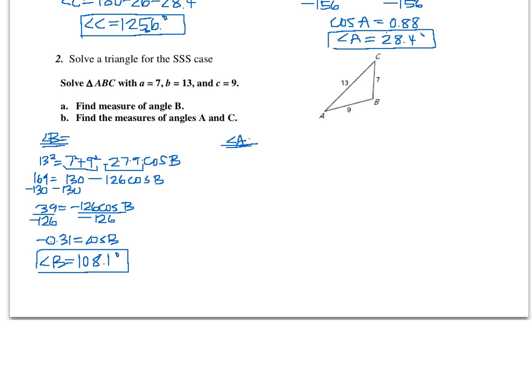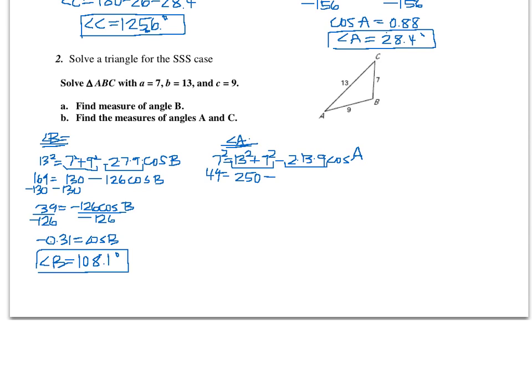And if I'm going to find angle A, I'm going to set it equal to side A. Okay, so side A is 7. So I'm going to say 7 squared equals 13 squared plus 9 squared minus 2 times 13 times 9 times the cosine of angle A. 7 squared is 49. 13 squared plus 9 squared is 250.